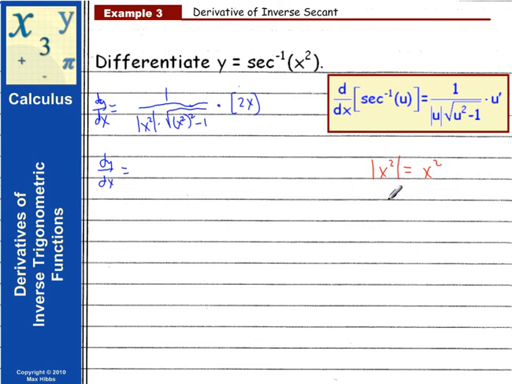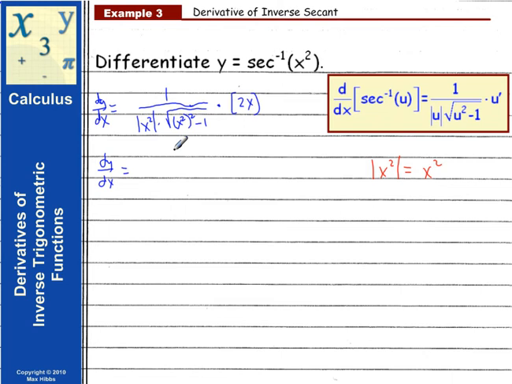The absolute value has to give a result that's 0 or positive, and x squared will always be 0 or positive. If x is 0, of course, it would be 0. Otherwise, x squared is positive. So we can replace the absolute value of x squared simply with x squared. So now it's going to look a little cleaner.